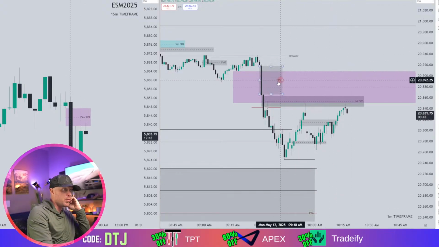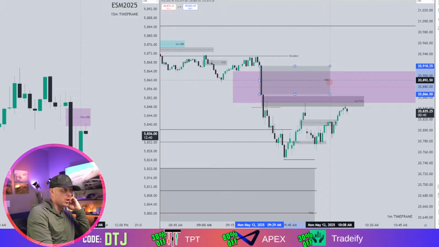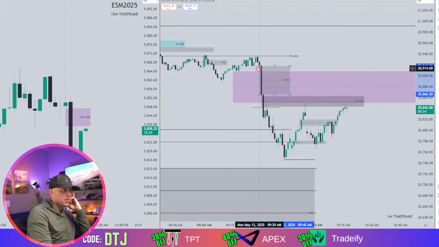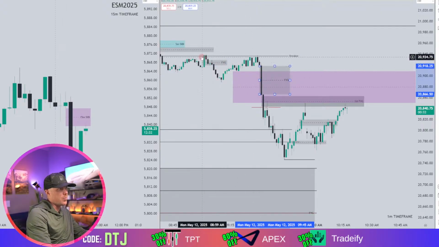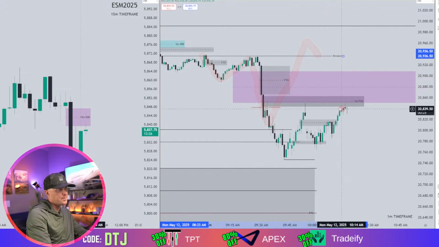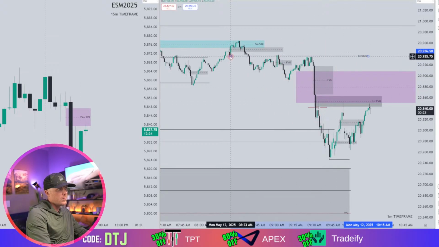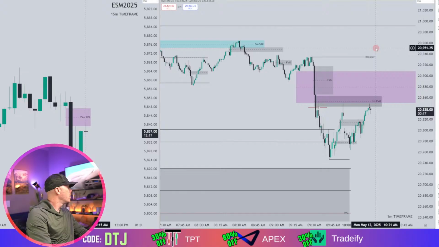Or it could just go bullish, and then we would be looking for it to violate this fair value gap. And we could potentially take the breaker here, the low, higher low, break up, and take a long at this breaker right here. Could be something like that.